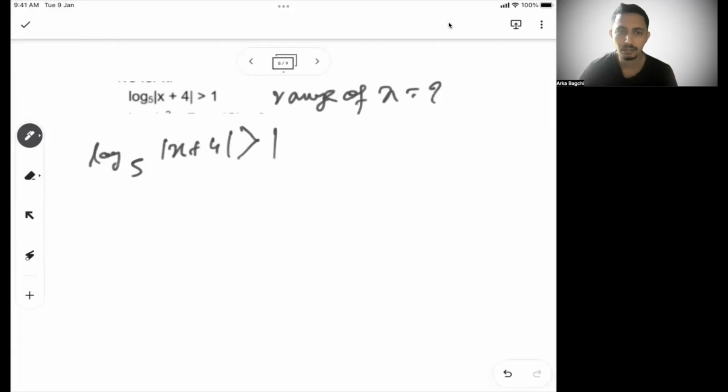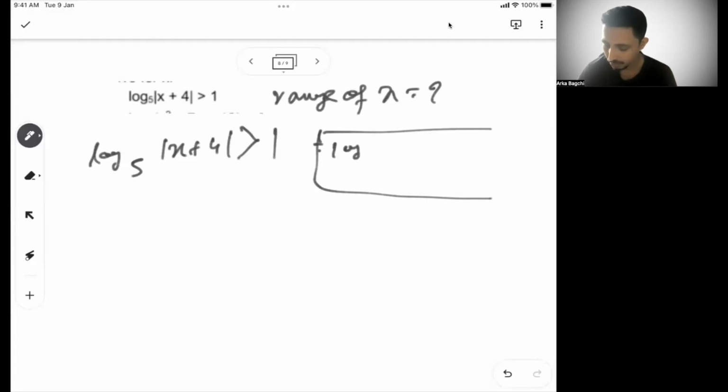So basically you have to find the range of x. Okay, so in this case, if you remember what we have done earlier, if log of a base b is equal to x, that means a is equal to b to the power x. Again the basic logarithm formula, right?